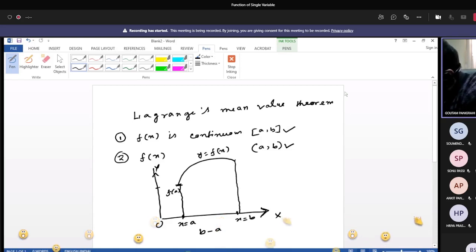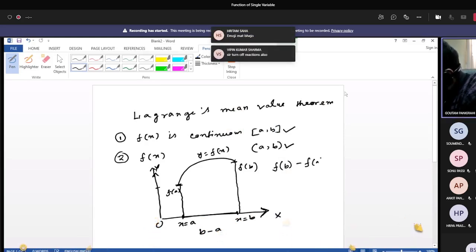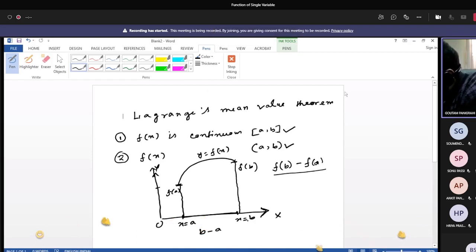Suppose this is the function. This will be the value f(b). So the difference or the increase of the function will be f(b) minus f(a). Then the average increase of the function will be the increase of the functional value divided by the interval b minus a.